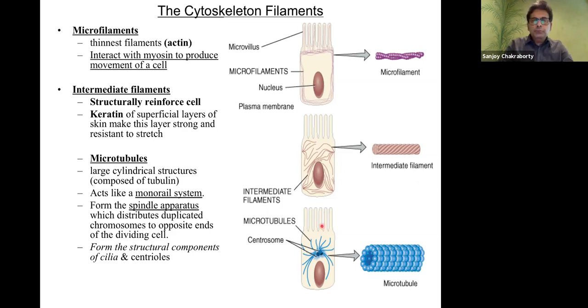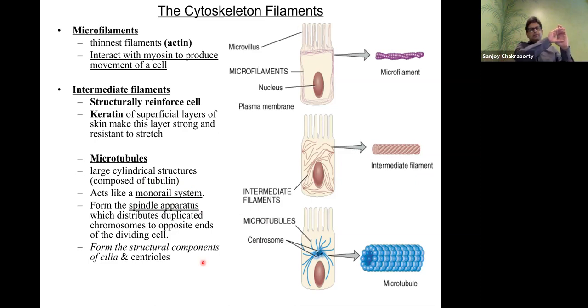So microtubule, let's study this one first. Microtubule, the thickest one, is made with a protein called tubulin. They act like a monorail system. What does that mean? Just imagine the cell is like New York City, it is big.